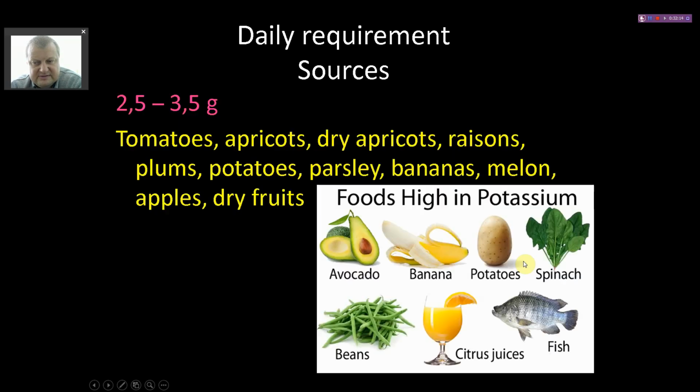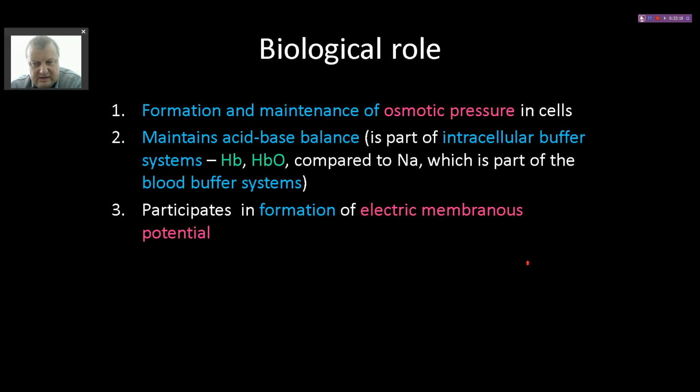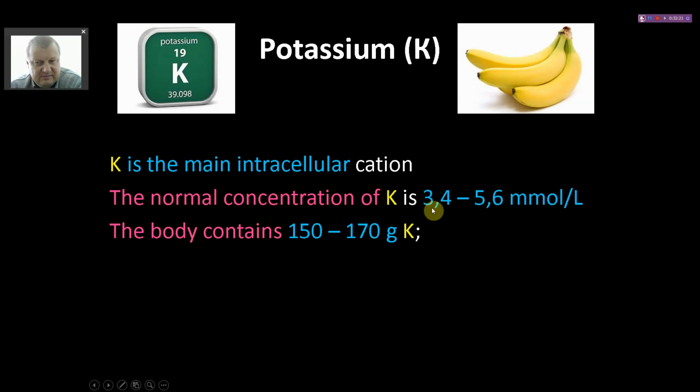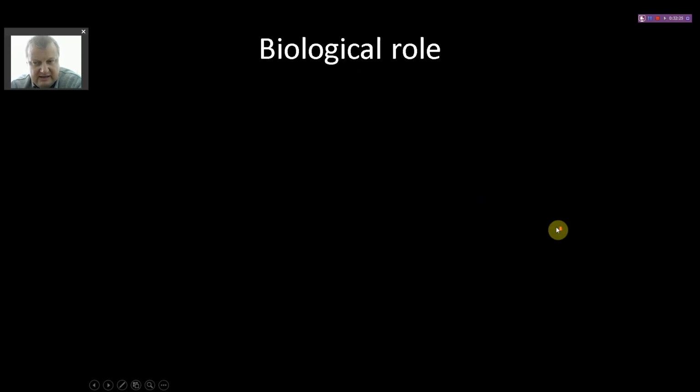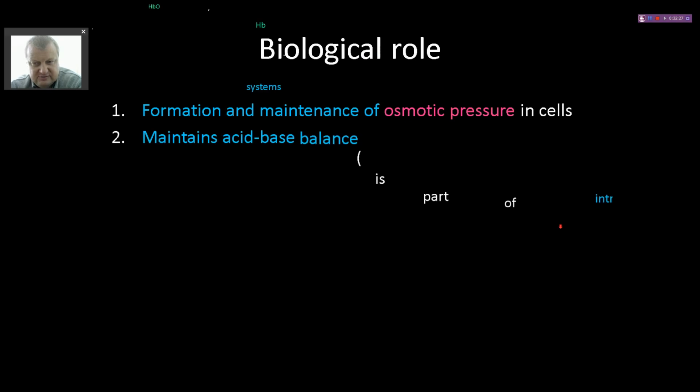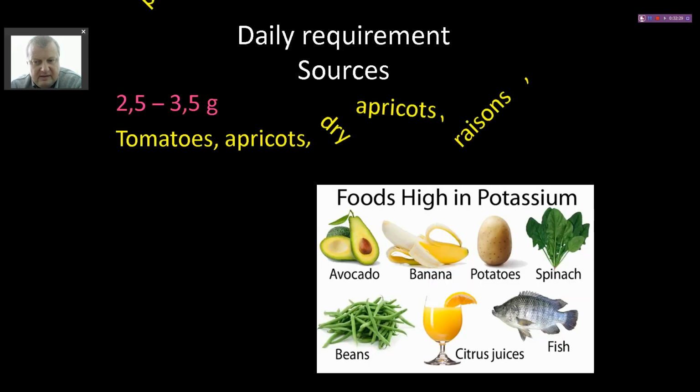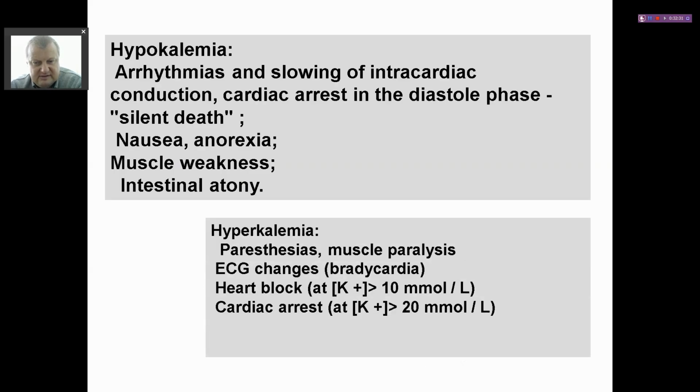I remind you that the normal concentration is approximately 4 or 5 millimole per liter, and if the potassium concentration increases 2 times, it provides a heart block, and if it increases 5 times, it provides a cardiac arrest.